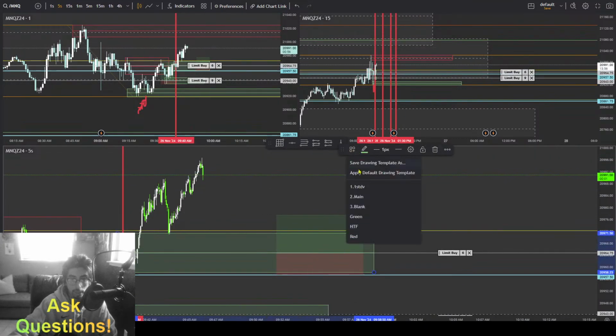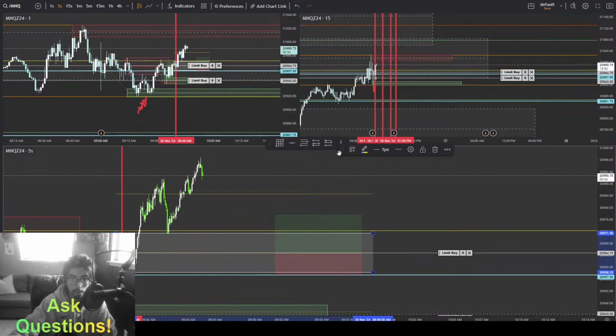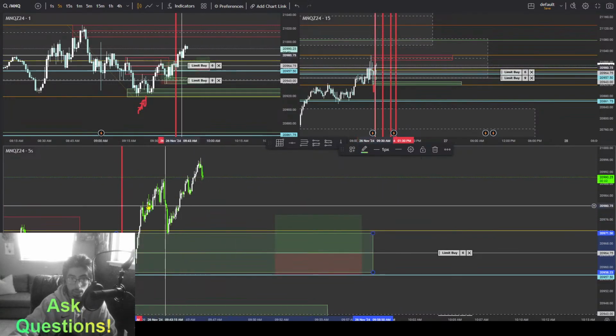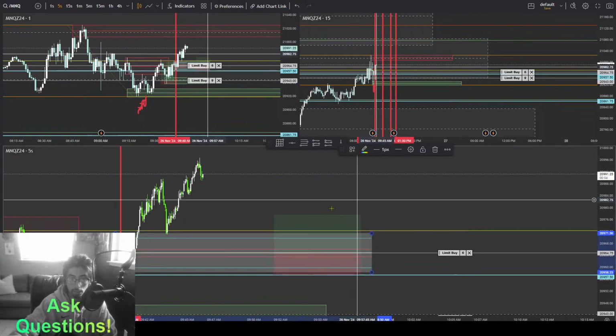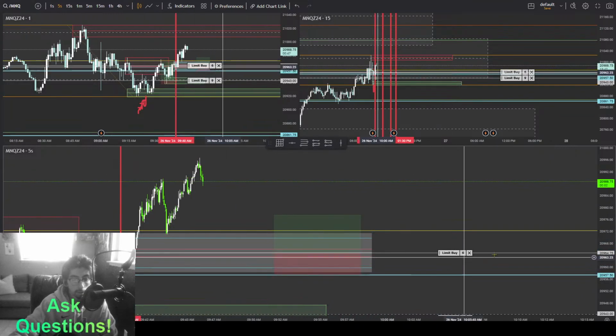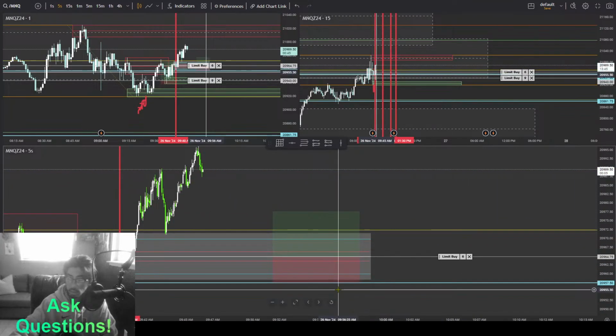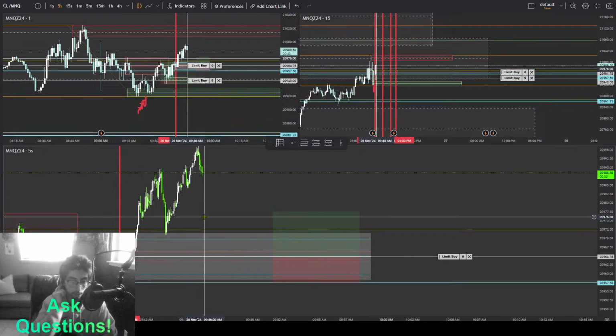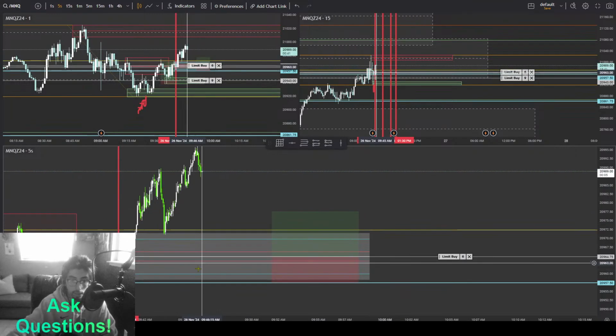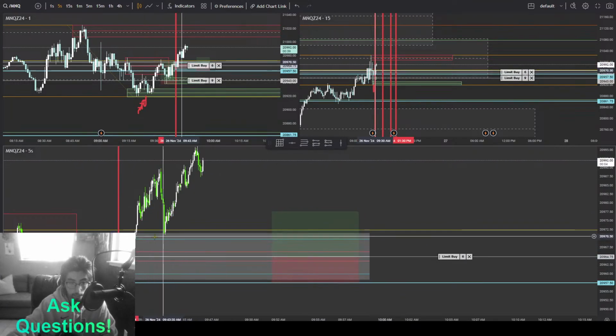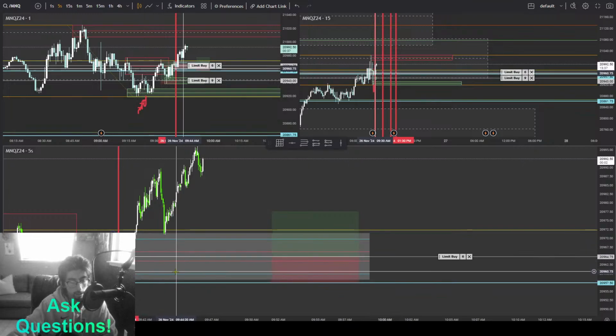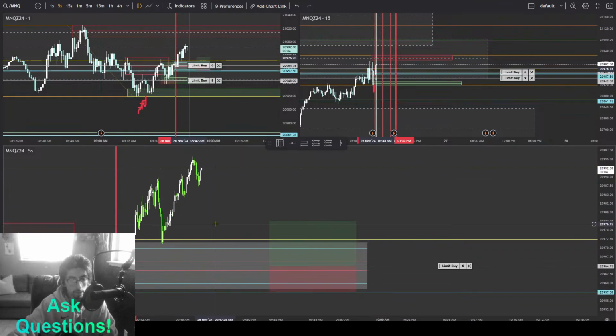Let's just double check it did reach standard deviation. Yes, it did. Okay, then let's go back to green. Oh, you know what? Let me go back to that. So this is a little bit more complex. I'll teach you more on the mentorship stuff. But these red lines are 40%, and these blue lines are like 12%, or 12.5%.